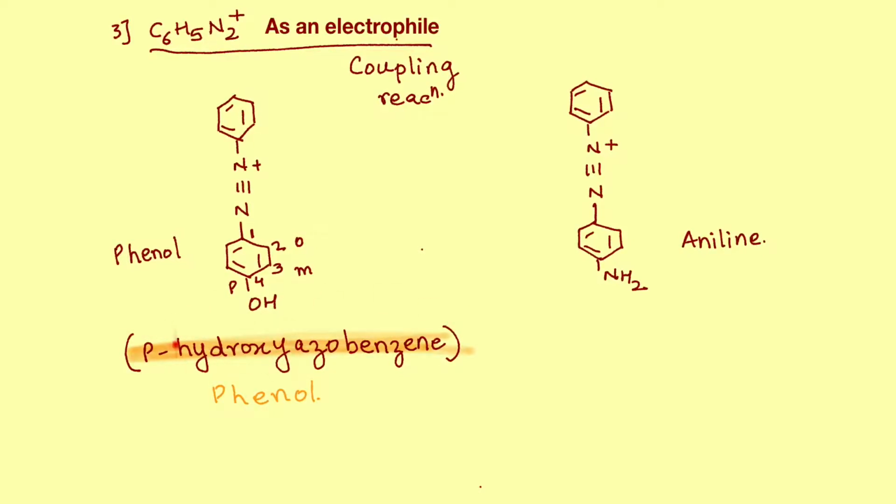Instead of the hydroxy, what group do you have over here? What is the prefix for NH2 group? Yes, it's amino. So this is para-aminoazobenzene, which is what color? Yes, it is a yellow colored dye, and it helps us to identify anilines in the laboratory.